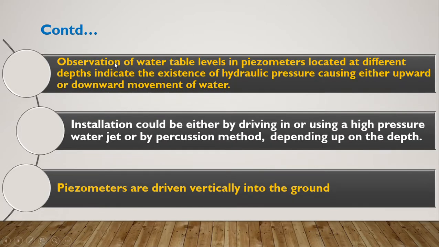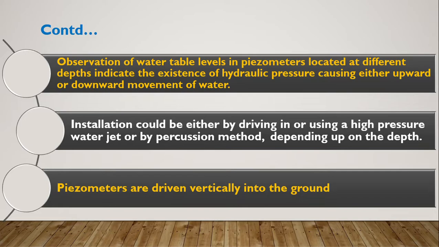An observation of water table levels in piezometers located at different depths indicates the existence of hydraulic pressure causing either upward or downward movement of water. We have already seen that we place a number of piezometers at the same point at different depths. What is the purpose of that? If the water levels in those piezometers are different, then we can say that there is a pressure difference at that point.